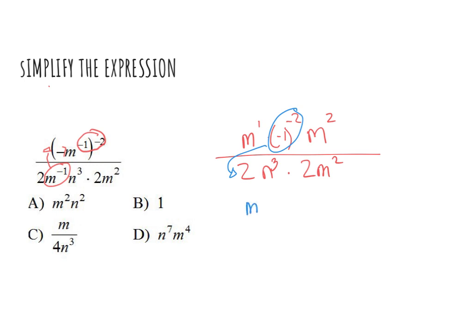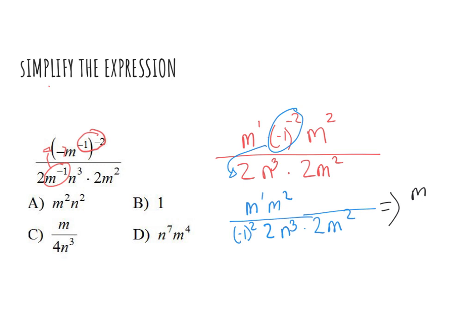So really I have m to the 1, m to the 2nd, and then a -1 squared times 2m to the 3rd, 2m to the 2nd. And now I'm going to do my multiplication property, so I add exponents.